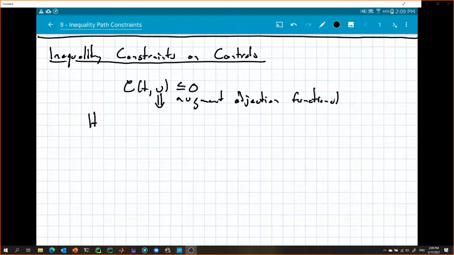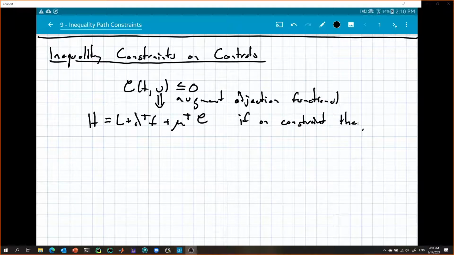So we have some Hamiltonian. Because it goes on the path, we join the constraint to the Hamiltonian, and then we have mu, which is the Lagrange multiplier on C. If on the constraint, so if the trajectory is on the boundary, then mu is greater than or equal to 0.